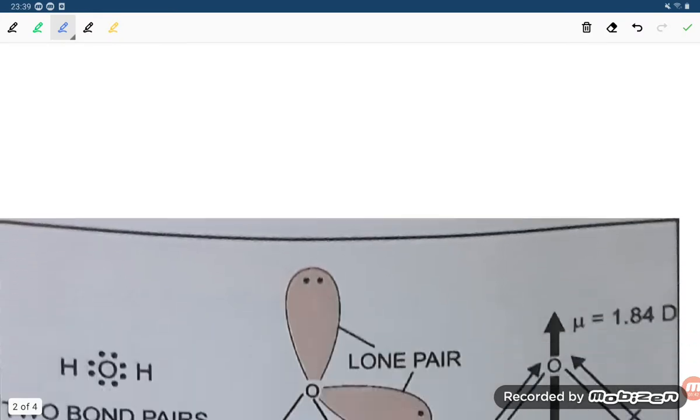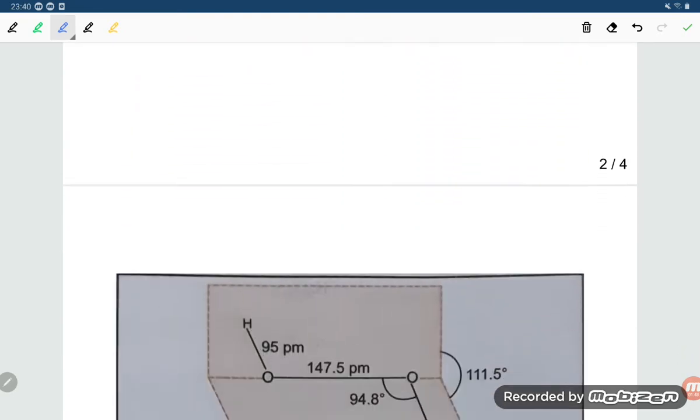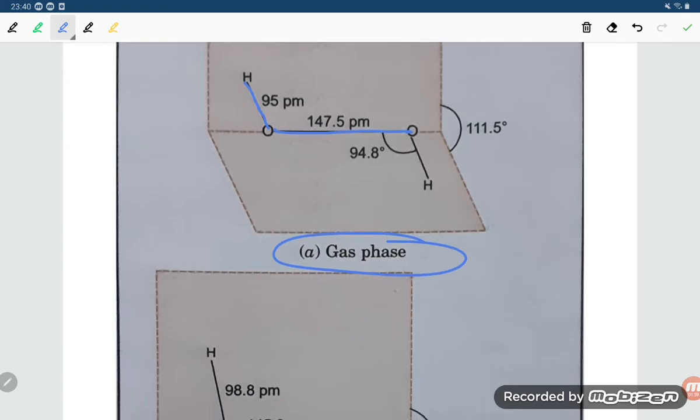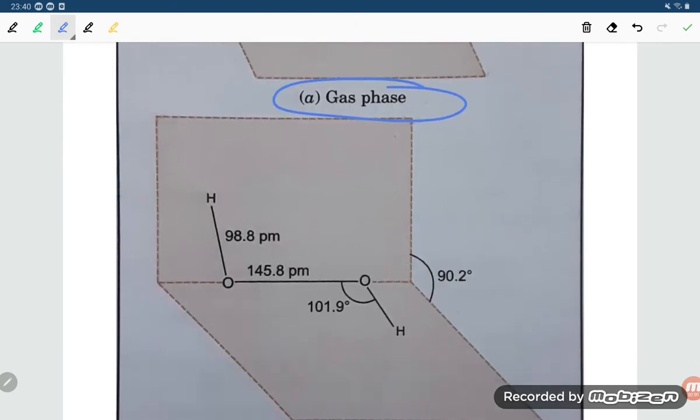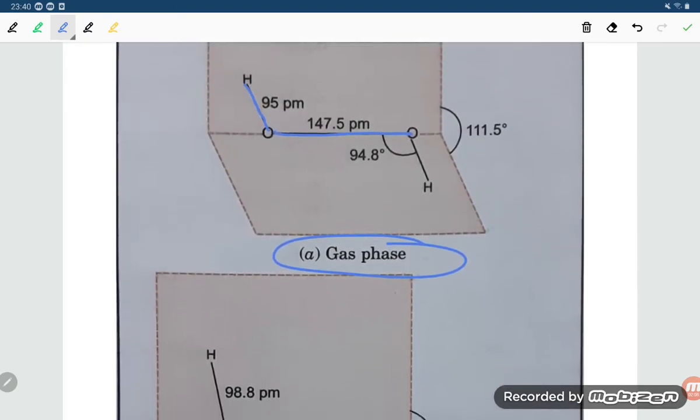Water has a bent shape with 104.5 degree, and for H2O2 in the gas phase, the OH bond length is 95 picometer, the OO bond length is 147.5 picometer, and the bond angle is 94.8.